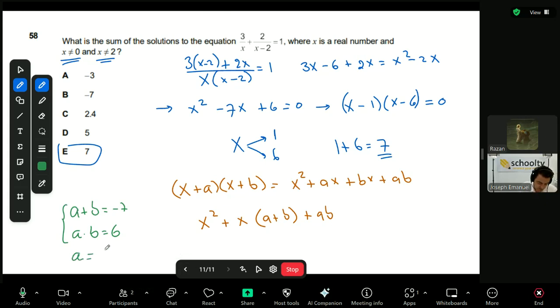Okay, so you can find it by solving this system of equations, like a equals minus 7 minus b. You substitute it in the second one, so you have like minus 7 minus b multiplied by b equals 6. What we have here? We have minus 7b plus b square minus 6 equals 0.